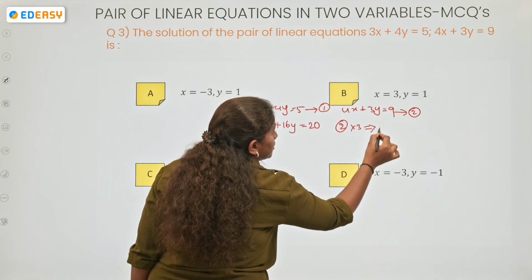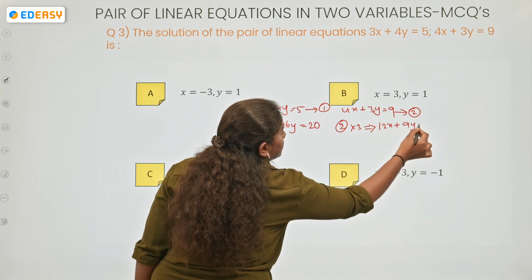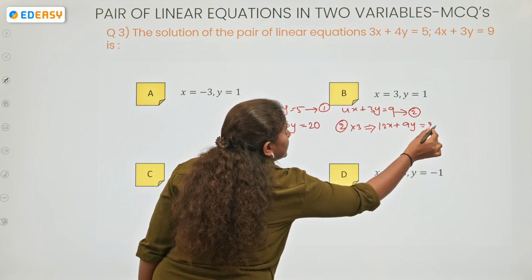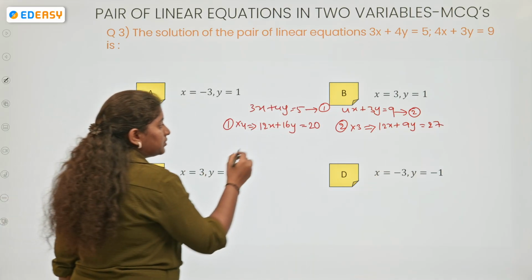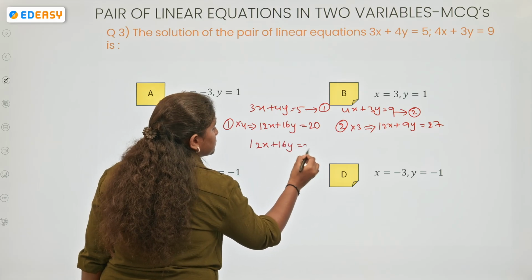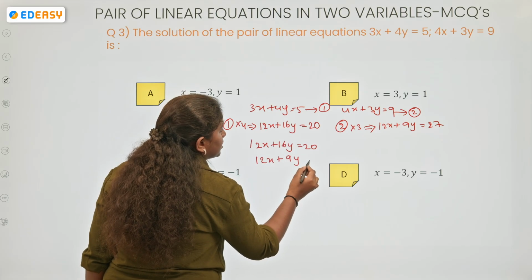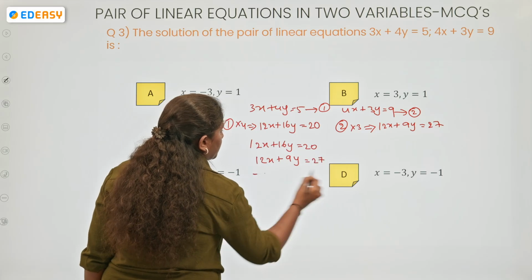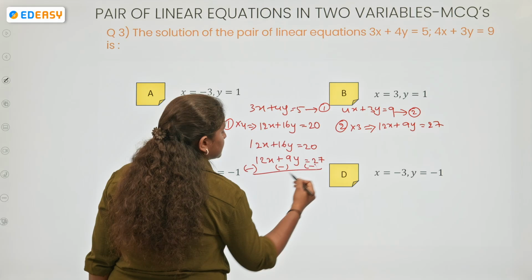So now 3 4s are 12x, 3 3s are 9y, which is equals to 3 9s are 27. Now, just take your 12x plus 16y equals to 20 and 12x plus 9y equals to 27. Let's do subtraction. Coming here minus, minus and minus.